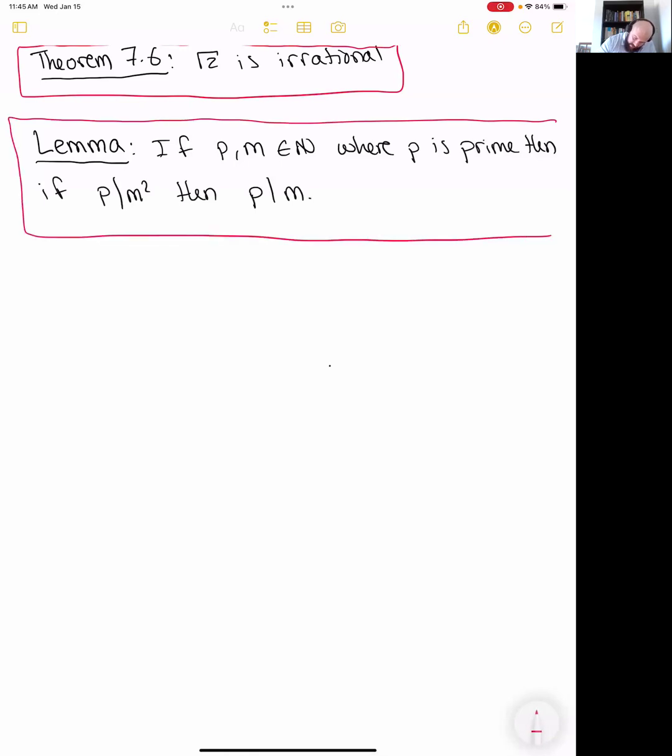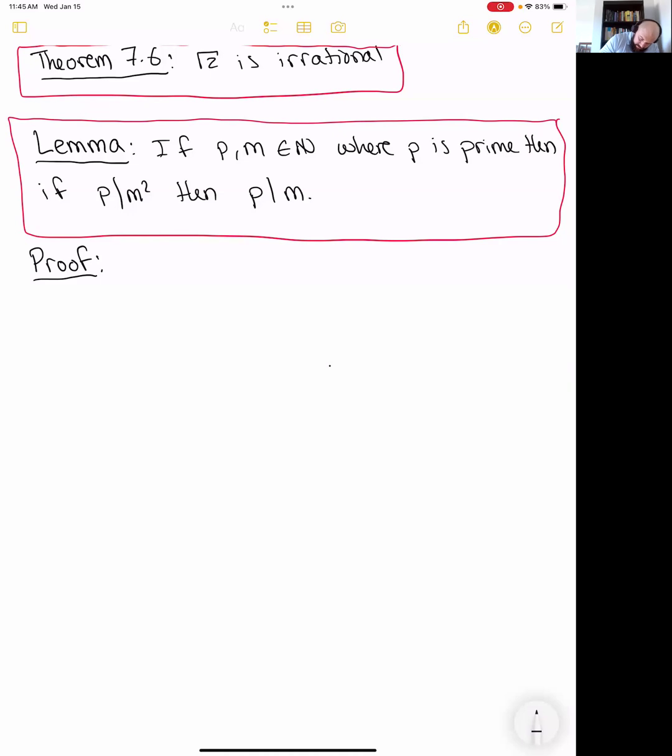So let's just prove this lemma. We're going to do this by a direct proof. And I'm going to use the fundamental theorem of arithmetic to do it, even though I think you can do this other ways. So let's do this by the fundamental theorem of arithmetic.